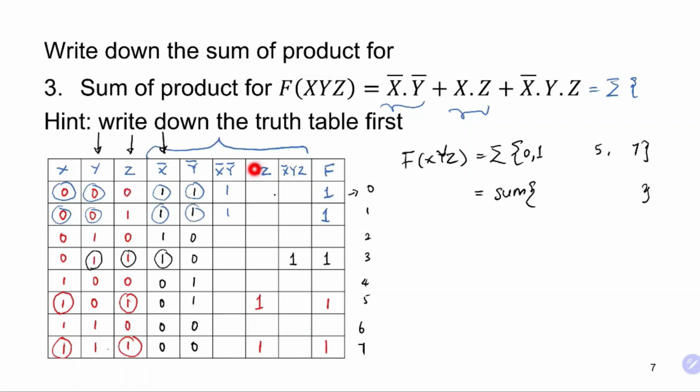Or alternatively, X bar, Y bar, Z bar, which means that is 0, 1, 1 in my variable. Then I have a 1 at the output. Then I'll have my 3 terms there.